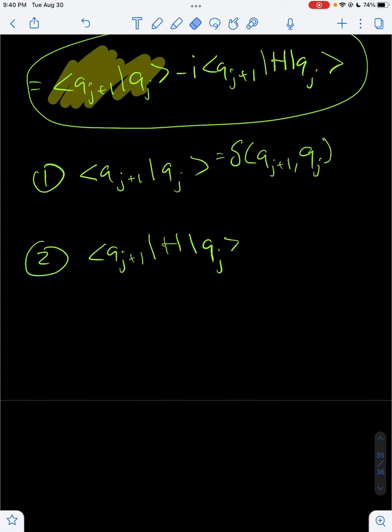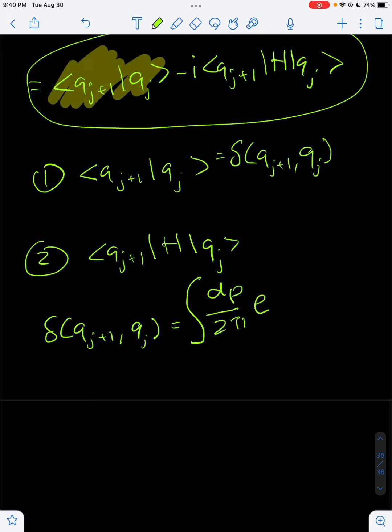We can actually write the delta function as the Fourier transform of a plane wave, right? So we know that delta of q_{j+1} and q_j is just the integral over dp over 2π e^{ip(q_{j+1} - q_j)}.